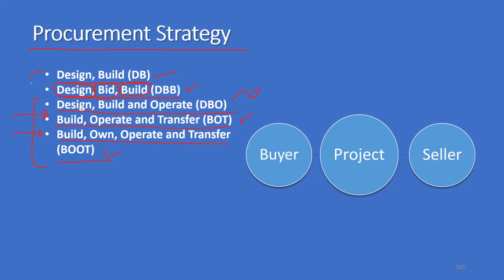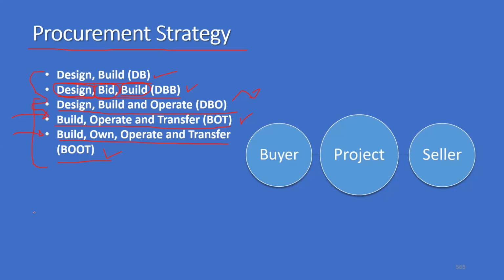In these first three, the supplier can design the building as well, whereas in the last two, the design is given to them. So based on this, who does the design, who does the product breakdown structure, who does the work breakdown structure, who does the independent estimate.